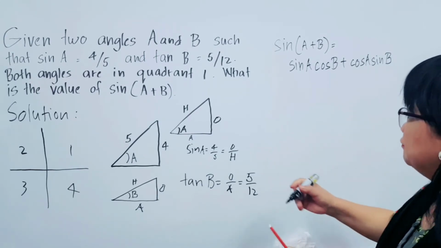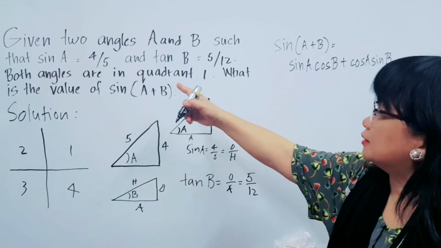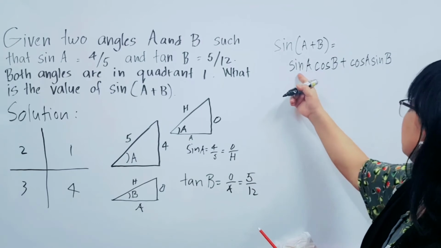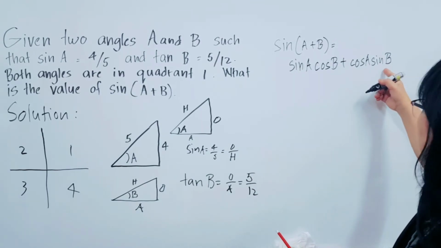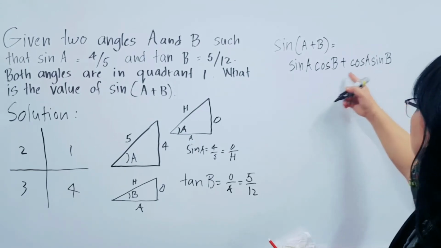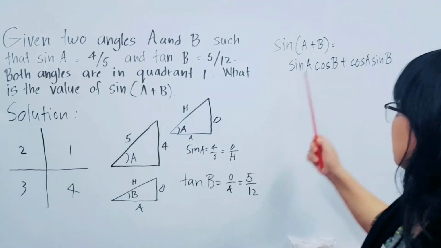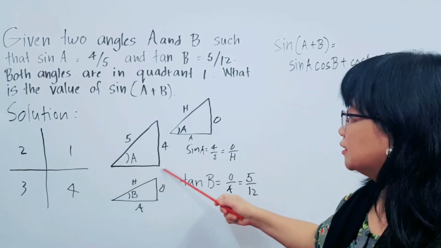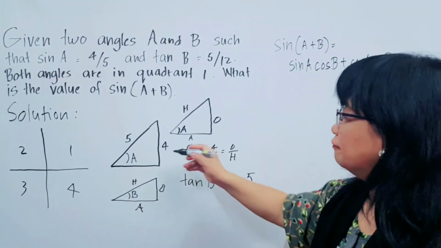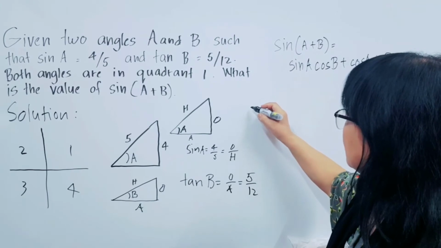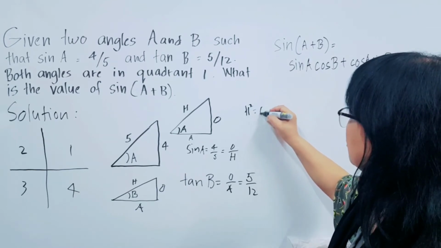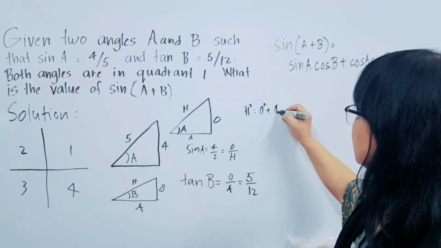Now, but first, because what is given here is only sine A, which is equal to 4 over 5, and sine B, we have to solve first the cosine B, the cosine A and the sine B. But before we can find them, we have to solve first this side. Now, if we have 4, according to the Pythagorean theorem, the hypotenuse squared is equal to the opposite squared plus the adjacent squared.